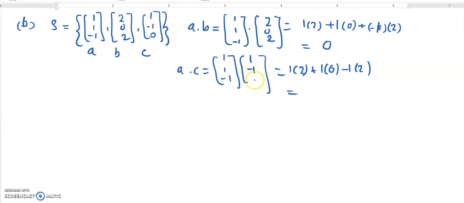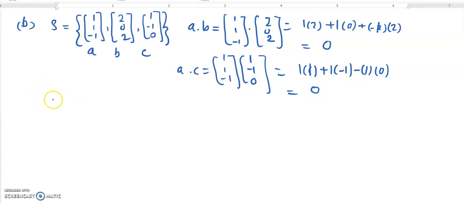So it is 1 into 1 plus 1 into minus 1 minus 1 into 0. So 1 minus 1 and 0, and that is 0, so this is 0.